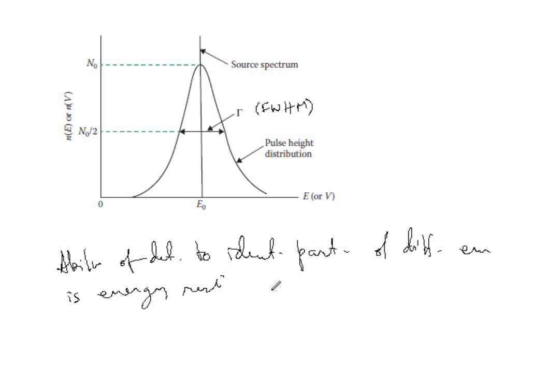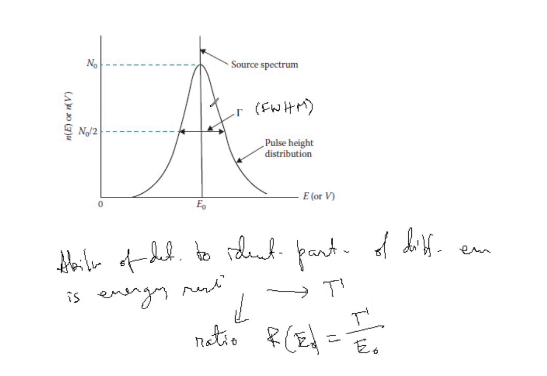Now it is either given in terms of this delta, or sometimes it is given as the ratio. So either delta or the ratio, and this ratio is written like this: R as a function of E0 is equal to gamma by E0.